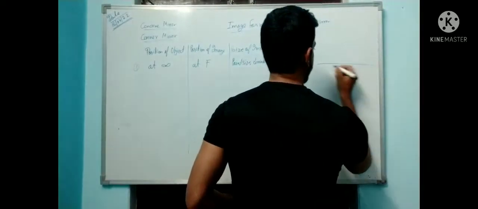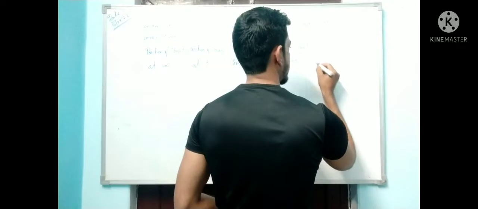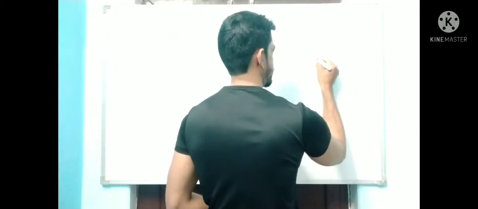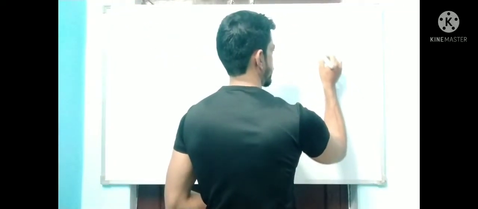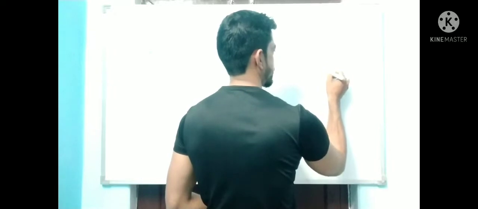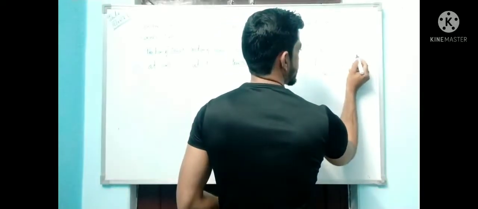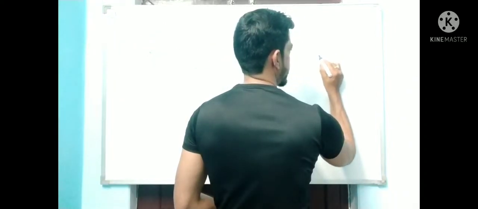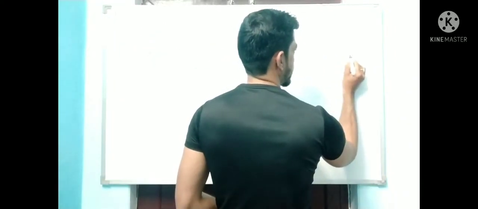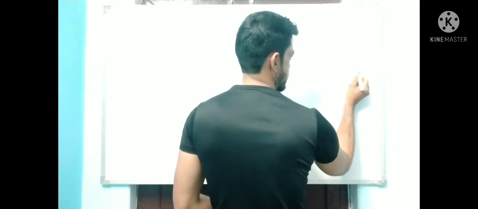Let's see how it's formed. This is the principal axis and this is your concave mirror M dash. Suppose the light comes from a very far place, so it is parallel to the principal axis.